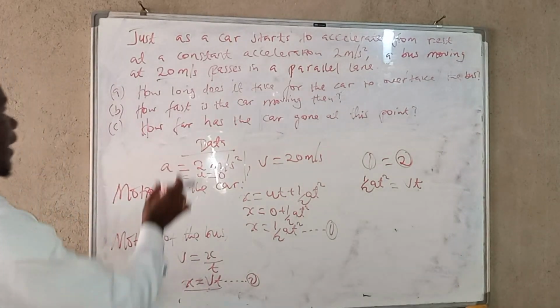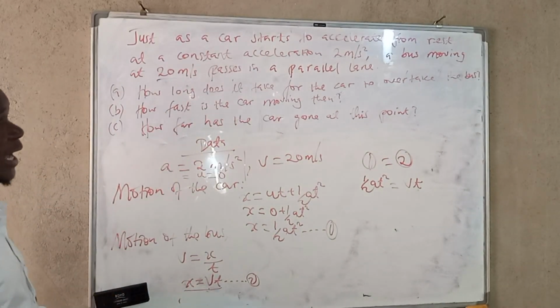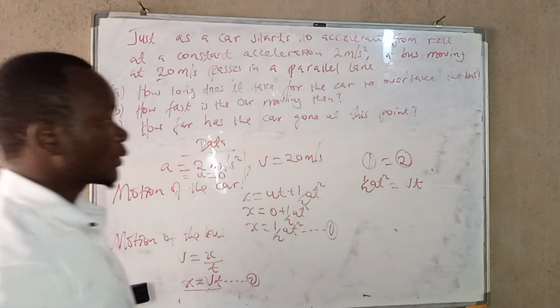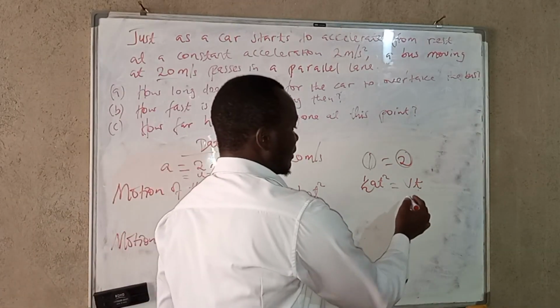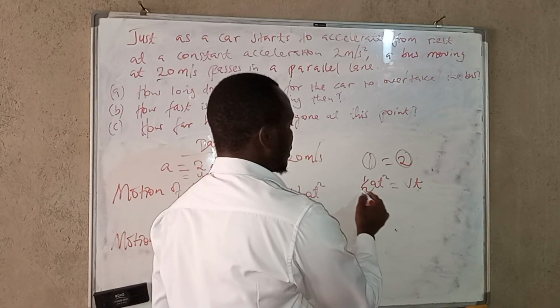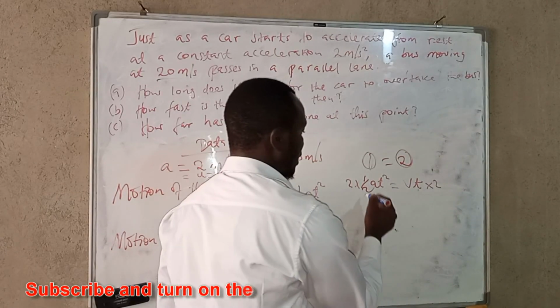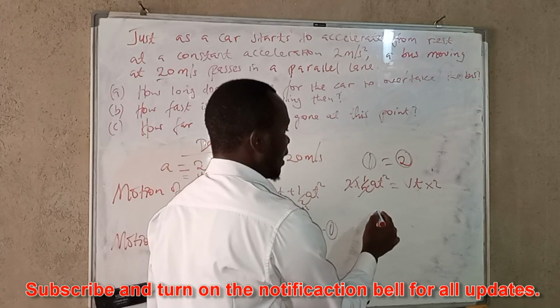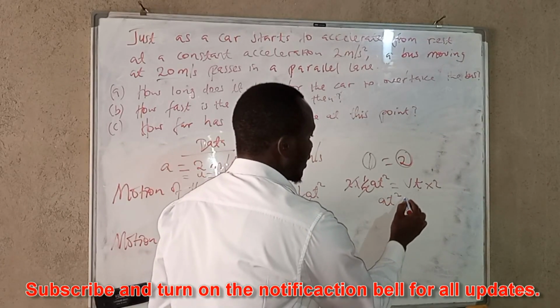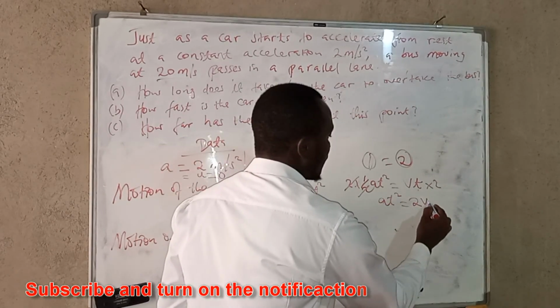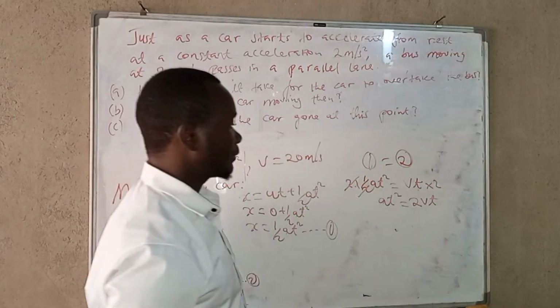Now we want to find how long it takes for the car to overtake the bus. So it is time that we are looking for here. We can multiply by 2 here and also here so that we get rid of this half. And we're going to have at squared is equal to 2vt.